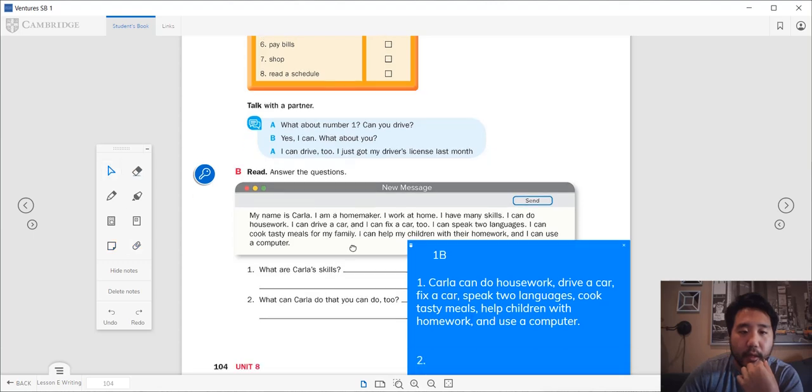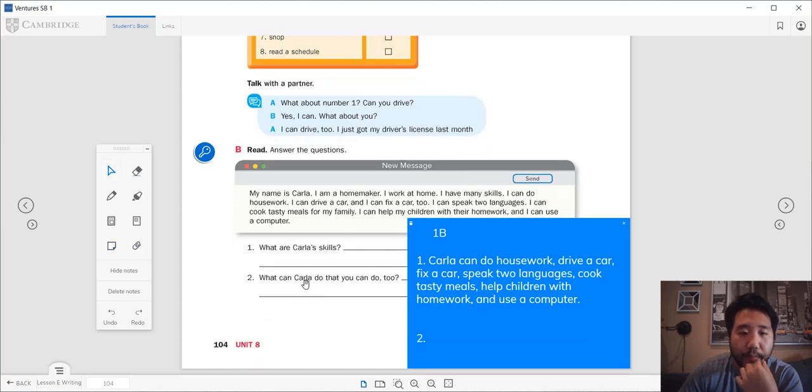Number two, what can Carla do that you can do too? For this one, the answers can be various because there are things that you might not be able to do. It says what can Carla do that you can do too?